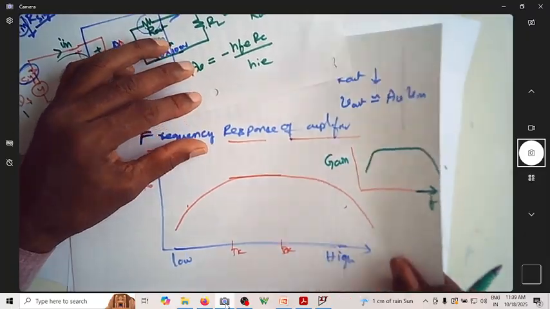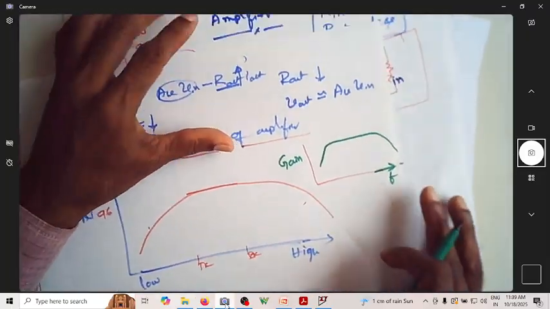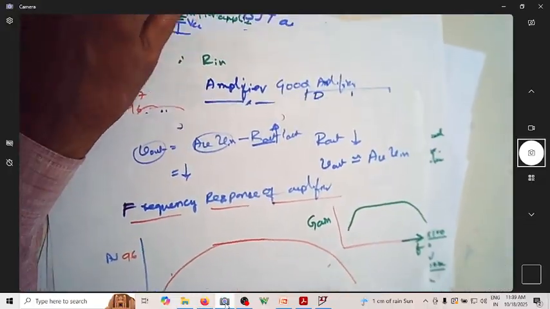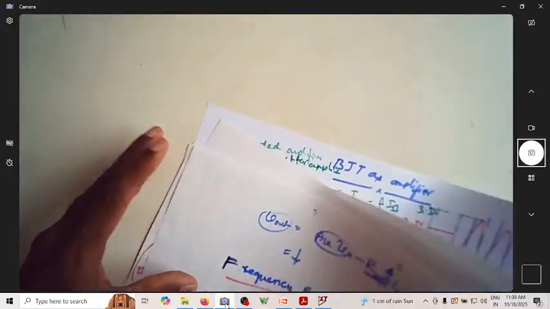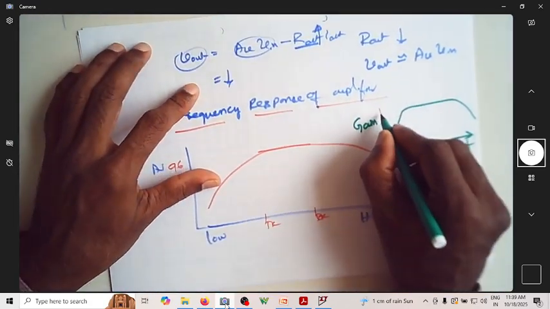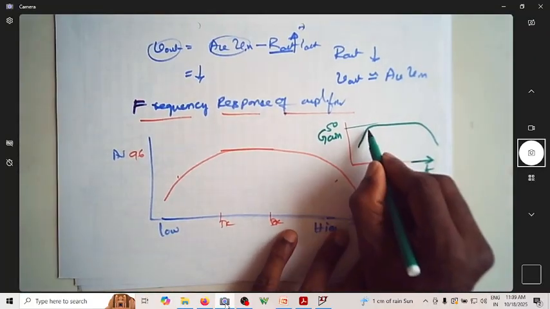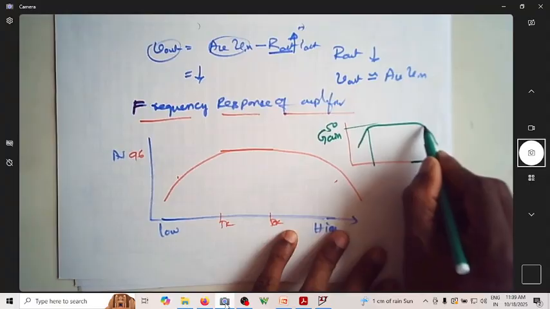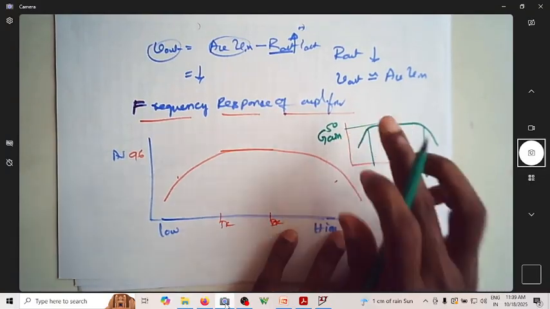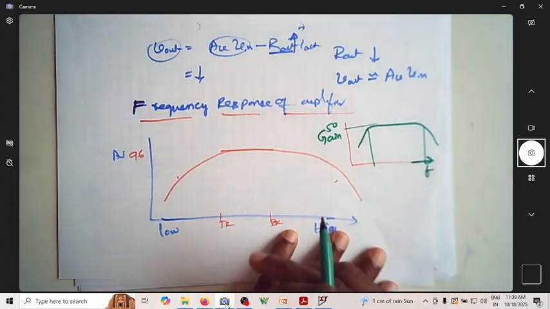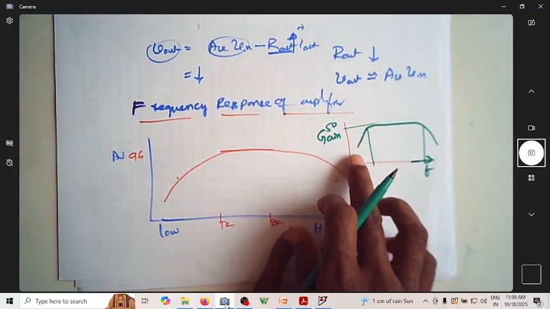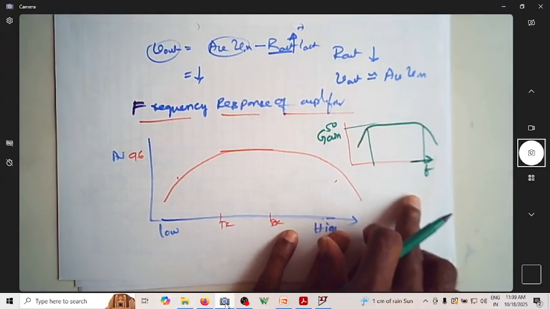So why is this important? Assume that you have designed an amplifier for a gain of 50. Now I need to find out between what frequencies this will give a gain of 50. You know that the gain is not 50 for all frequencies.